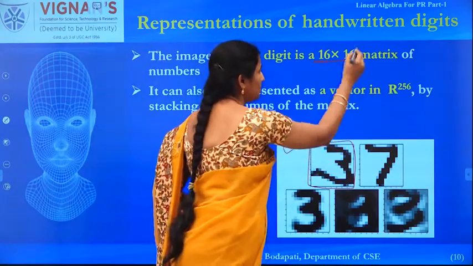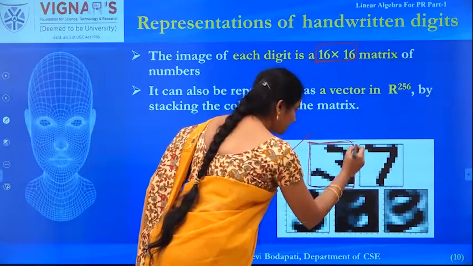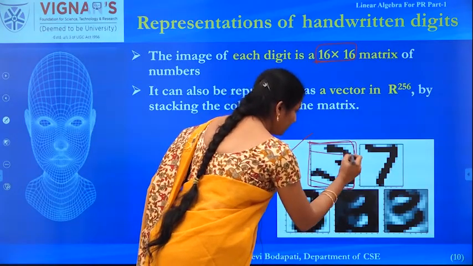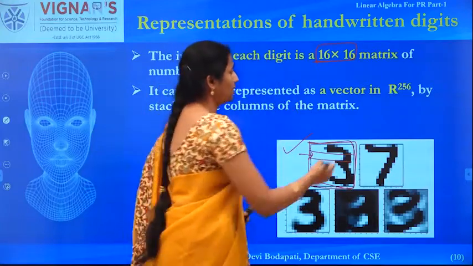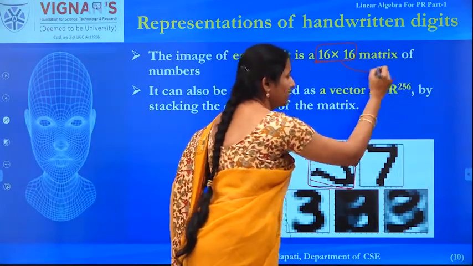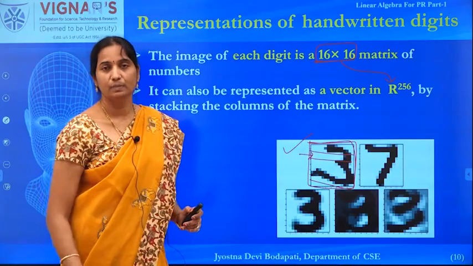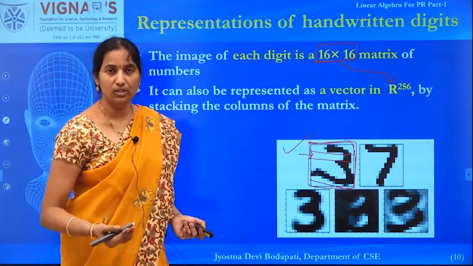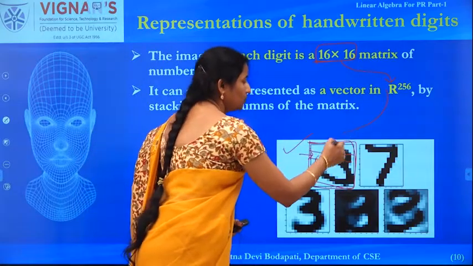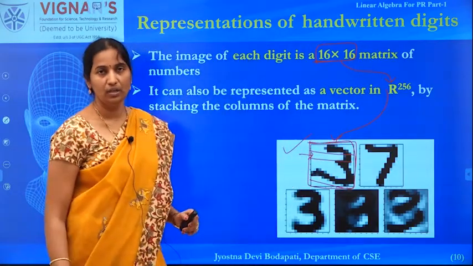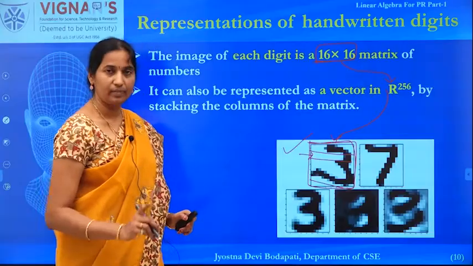So the 16 by 16 matrix becomes a vector in a 256 dimensional space. Now each image is represented using a 256 dimensional vector representation.